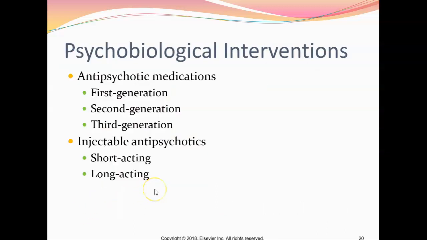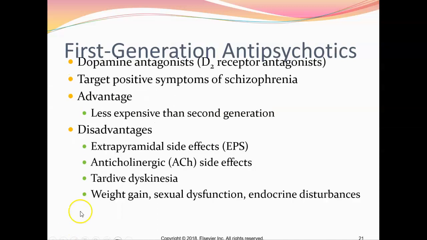And so some of our medications that we will use, this is where you'll see the antipsychotic medications used. We have first, second, and third generation antipsychotics. We have some injectable antipsychotics that are both short and long acting. So our first generation antipsychotics are the dopamine antagonists. They target the positive symptoms of schizophrenia.